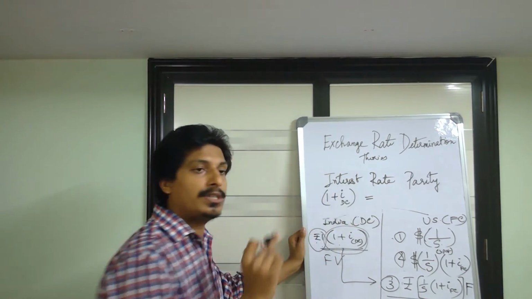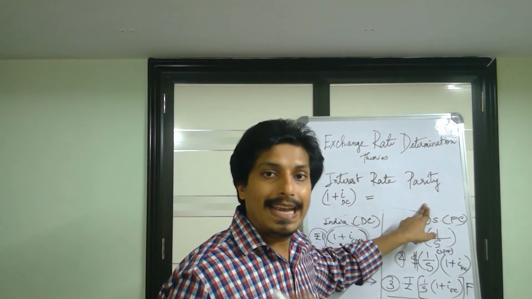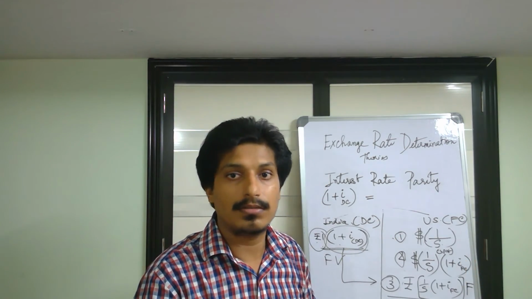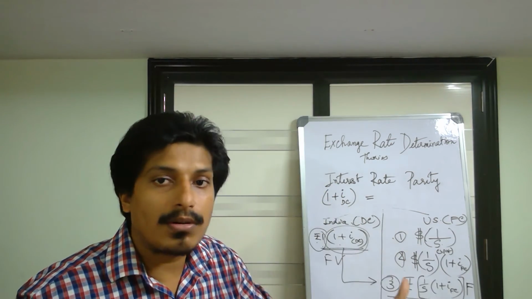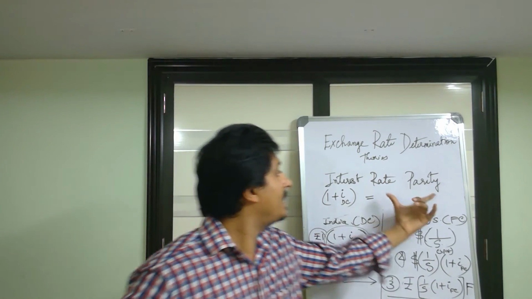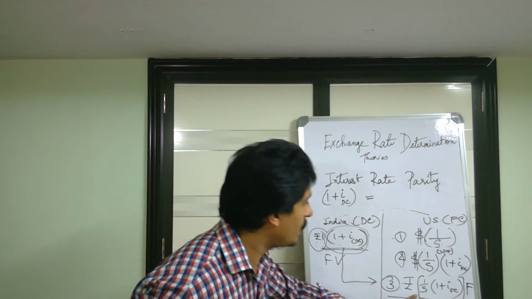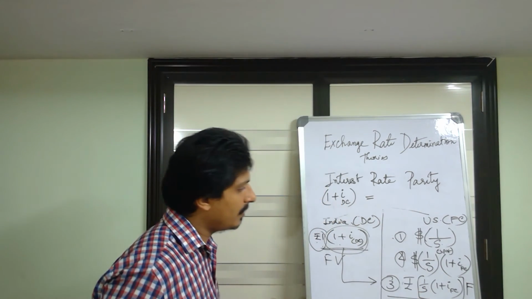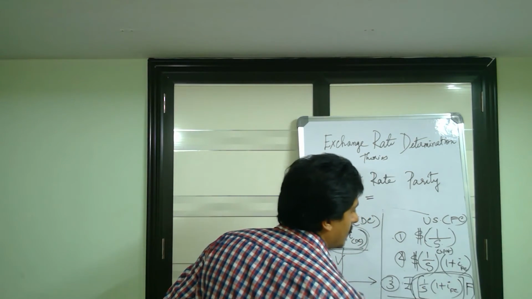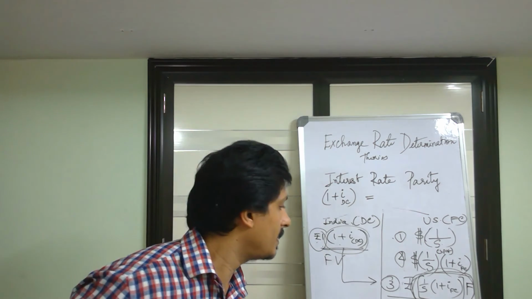The interest portion that you receive in the domestic country should be equal to the interest portion you receive in the foreign country after conversion. So you have to get into a forward contract, hedge your foreign exchange risk, make the foreign investment risk free, and then compare that return with the domestic return. So what will you be writing here? This is in rupee value. This part of the equation goes into the interest rate parity equilibrium equation.